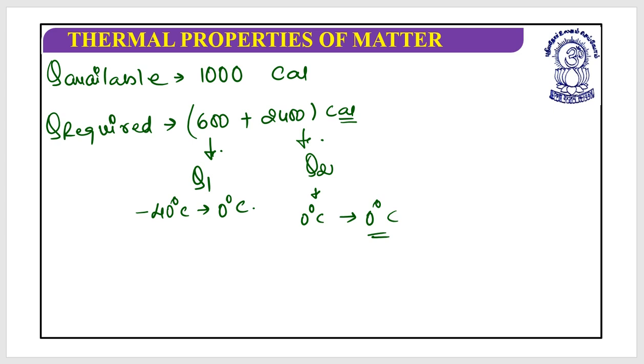So from this 1000 calorie only the first task can be performed, and the second is not going to be completed. Yes, it will begin and perform its task up to a certain level, but this cannot melt all the mass. It can convert some, but it cannot convert all its ice cubes. So the situation is something like this. Look at this graph.